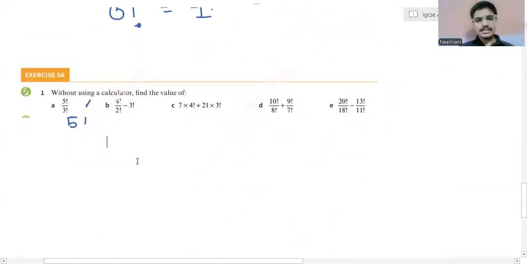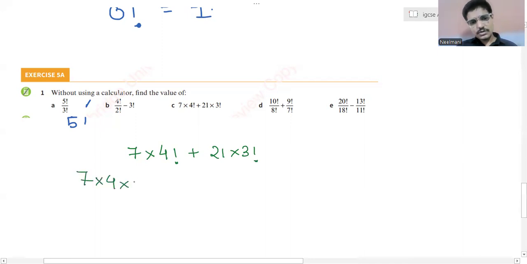Part C is all about 7 into 4 factorial plus 21 into 3 factorial. Now, there are two methods of doing this: either you do it directly, manually, or you take something common out. When I see this, I can get 7 into 4 into 3 factorial plus 21, which is actually 7 into 3 into 3 factorial.